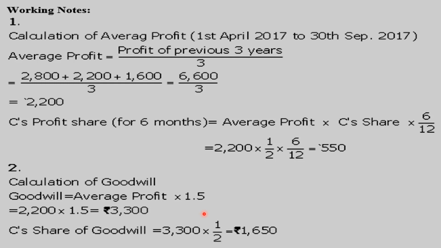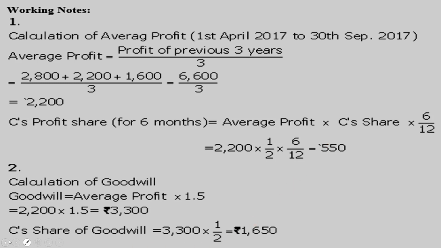As the current account is shown, it means that it is the fixed capital method. So here we can use the concept current account debit to C's current account. So ultimately these two figures are important for our recording. Number one is the benefit for his share of goodwill, and number two is the share of profit from the date of the balance sheet till the date of retirement.